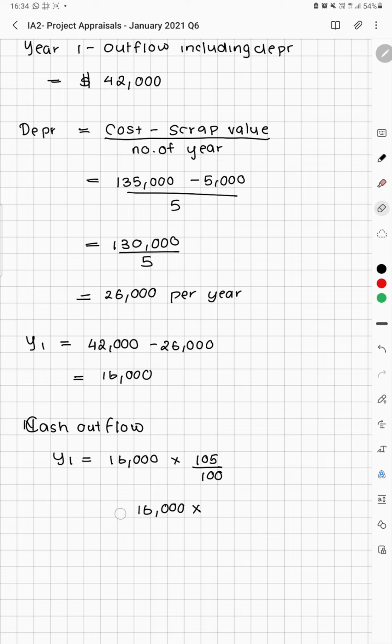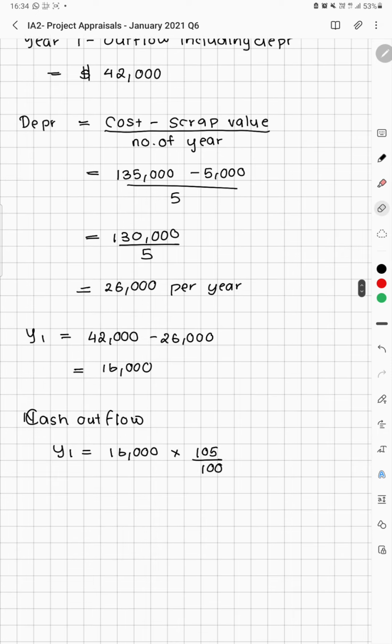Okay, so we multiply by 105%, which is how much? So that is basically 16,000, 160 into 105.